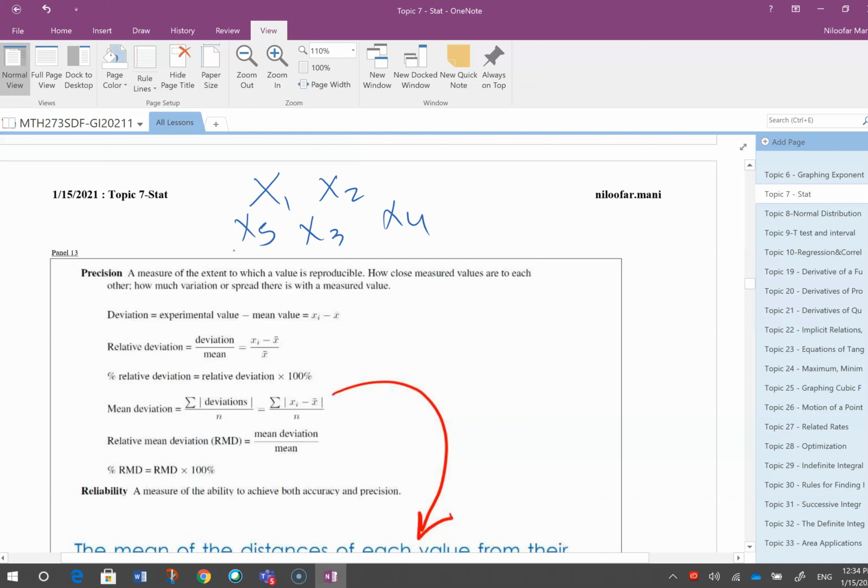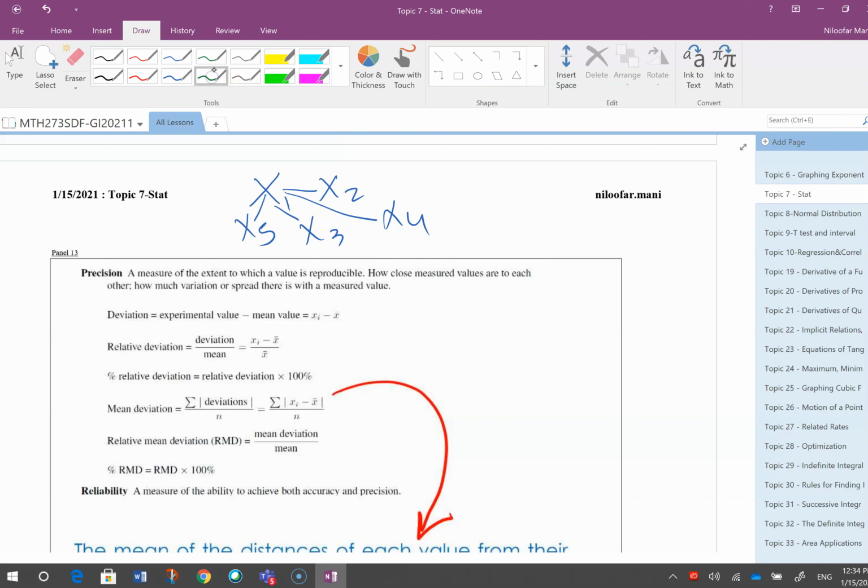How close are they to each other? I could find the difference of each pair, but it would be so much calculation, so I don't do that.